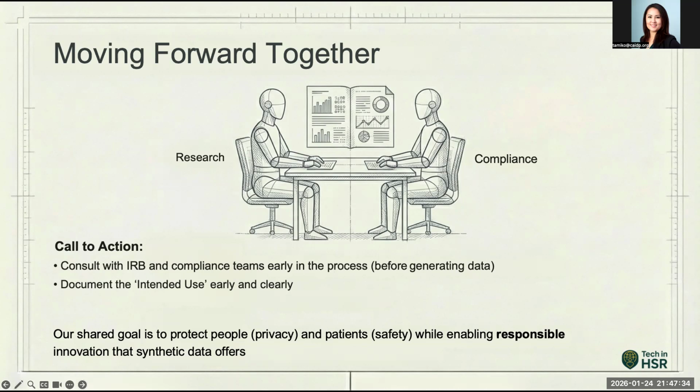sit down and have a conversation with your researcher. If you're a researcher, sit down and have a conversation with the IRB and compliance teams very early on in the process. And that means before generating synthetic data, not after you've done it, not after you've built the model, and certainly not when you're ready to publish.